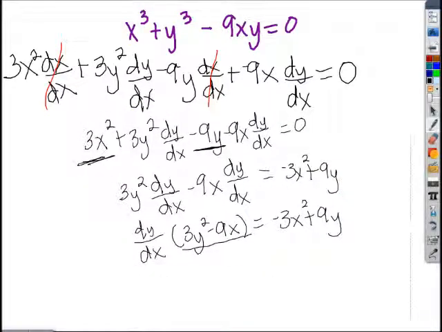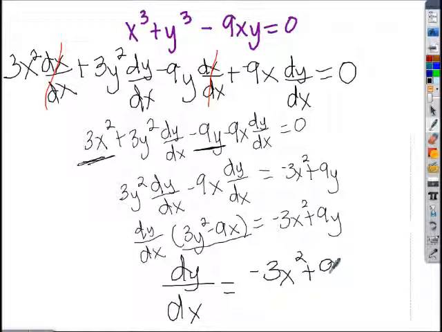Alright, so then dy over dx equals negative 3x squared plus 9y all over 3y squared minus 9x. And that would be my derivative.